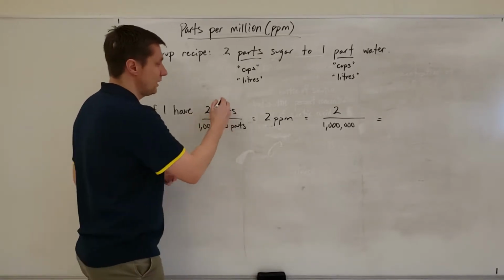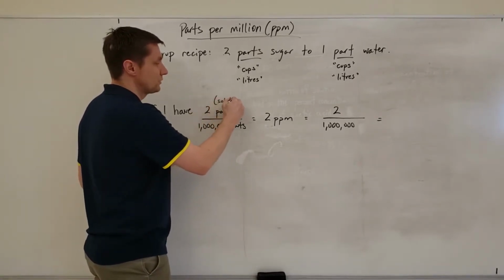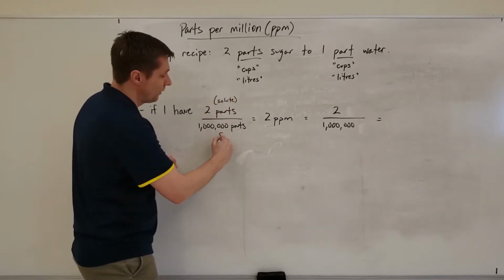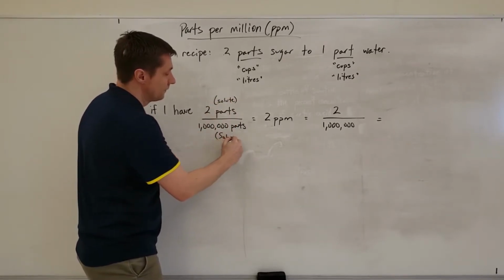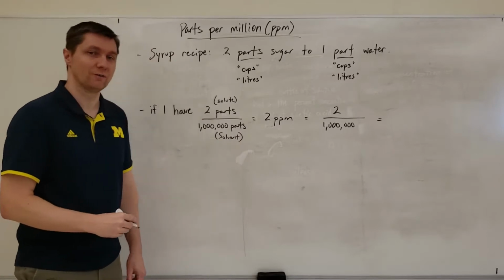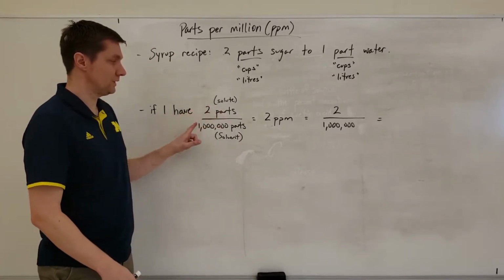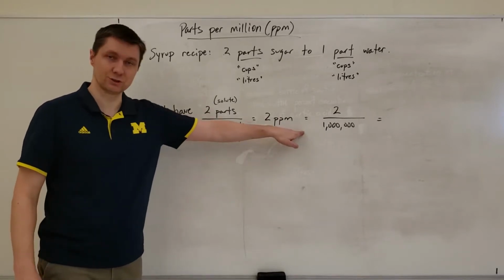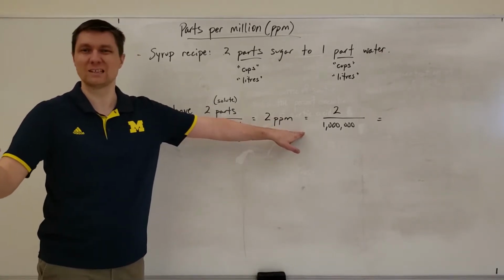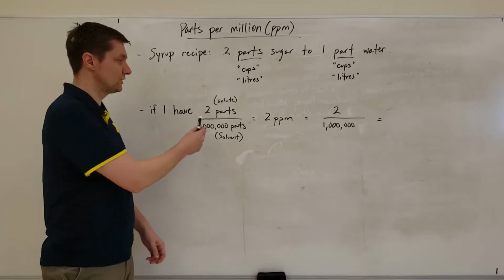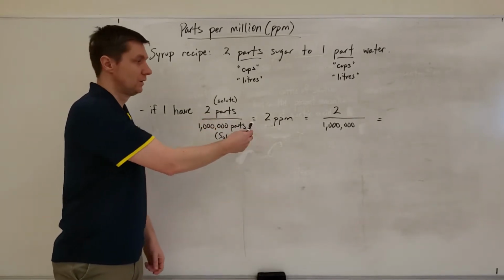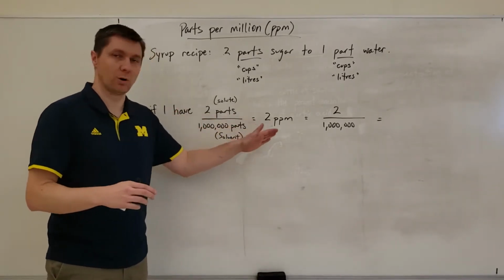So here along the top, you'll notice that this is always our solute, and along the bottom, this is always our solvent. But needless to say, if I have 2 parts in 1,000,000 parts, then my concentration is going to be 2 parts per million. That's what that means. We just don't say 2 parts in 1,000,000 parts. To just shorten it up, we just say 2 parts per million.